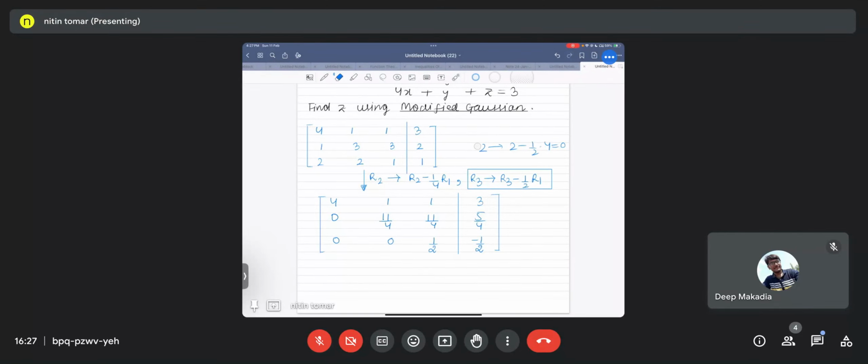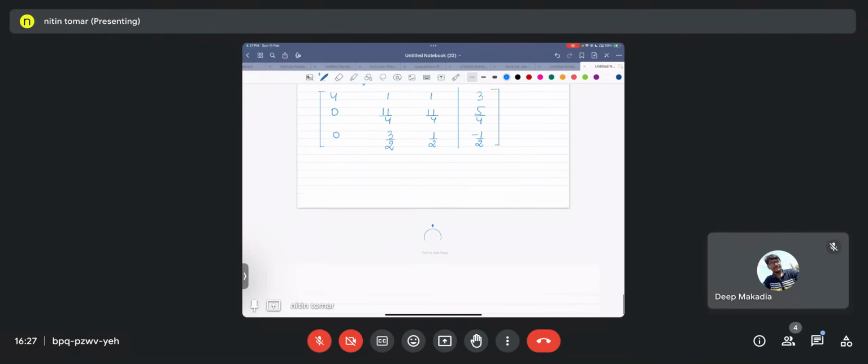It is 0. Oh, this is not true. Sorry. R3 goes to minus half. It should be 3 by 2, right? 3 by 2, yes, sir. Now this is correct.